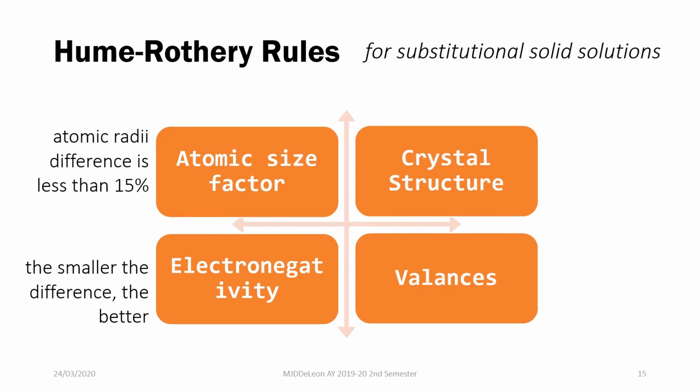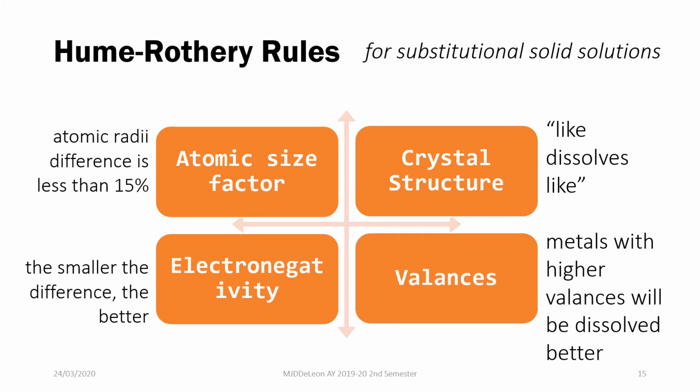The electronegativity difference between the two should be small. Their crystal structure should be somewhat similar. So, mas maganda yung probability na maging solid solution sila if their crystal structure are the same. And the valence electrons of the impurity should be higher or at least the same as yung ating solvent metal or yung ating host lattice.